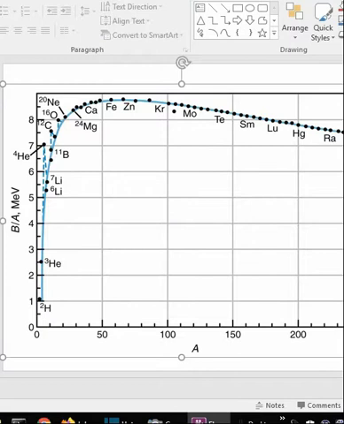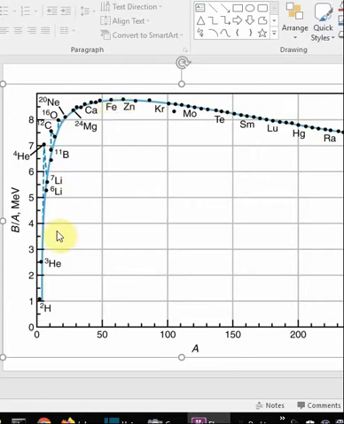Now, if you look at this graph, this is binding energy per nucleon versus the atomic mass number. Uranium's 238, it's way out here, it's not even on here, but you can see this is sloping down. And you see iron is over 8.5, something like 8.7 it looks like, per nucleon. So it's bound much more tightly.